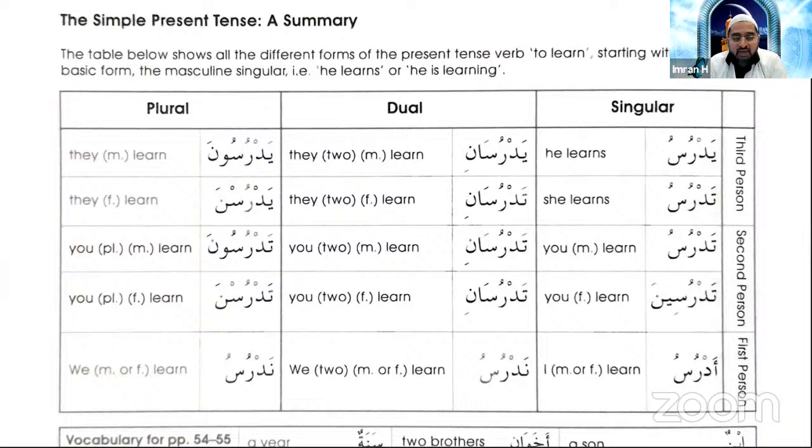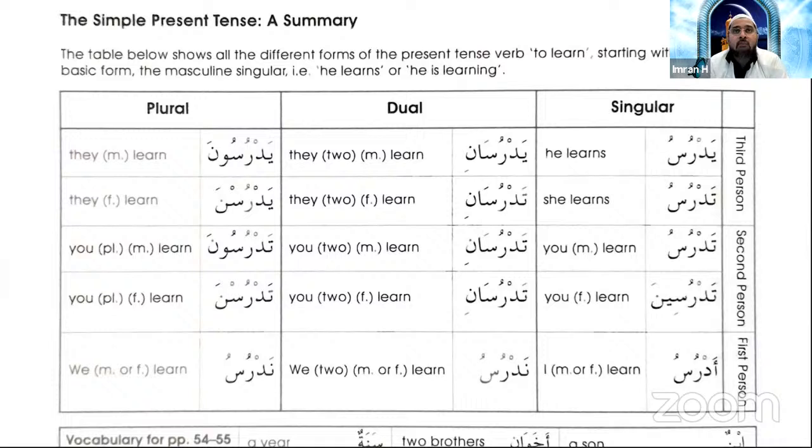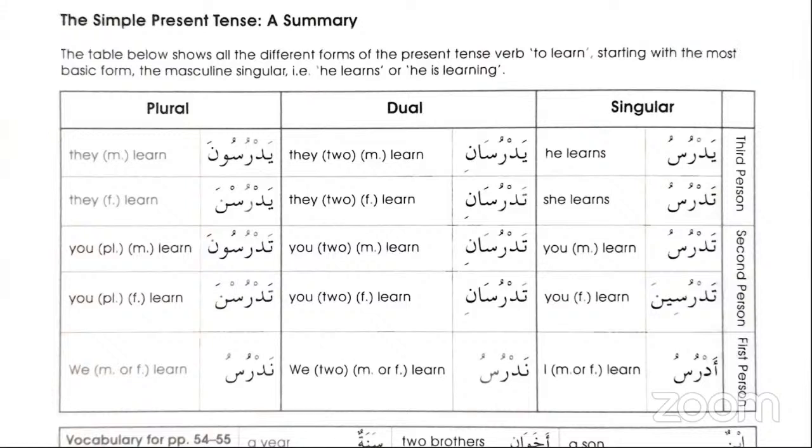Excellent. How do you say they all learn? They all men or female? Very good question. They all male. Yadrusuna. How do you say they all male write? Yaktubuna. Excellent. They all females write. Yaktubna.